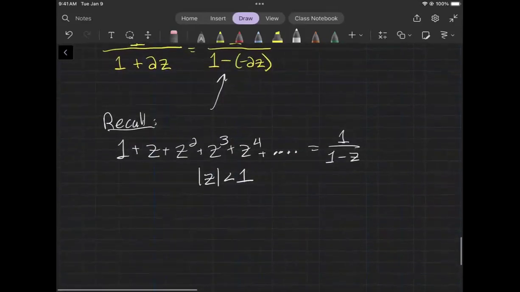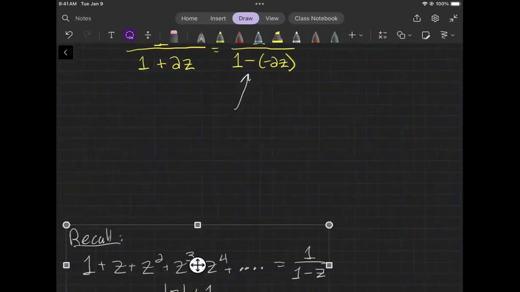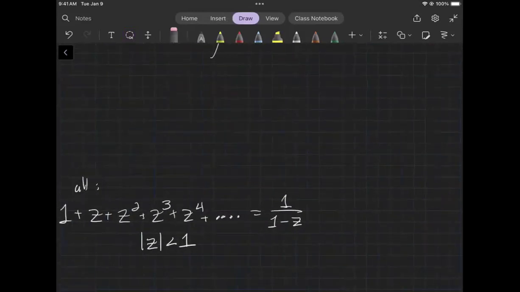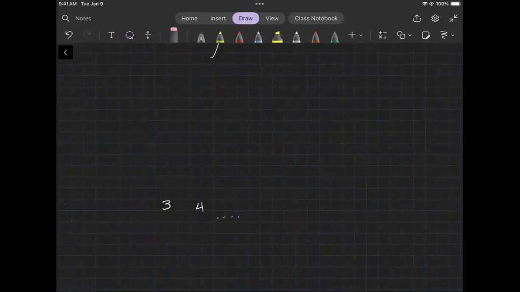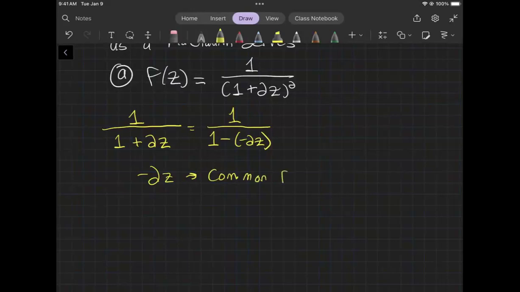This is just review from the last video about the geometric series. We're going to use that fact here: 1 over 1 minus z is equal to that sum. So for 1 over 1 minus negative 2z, negative 2z is the common ratio, right?